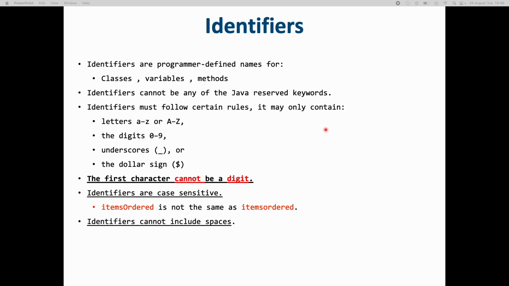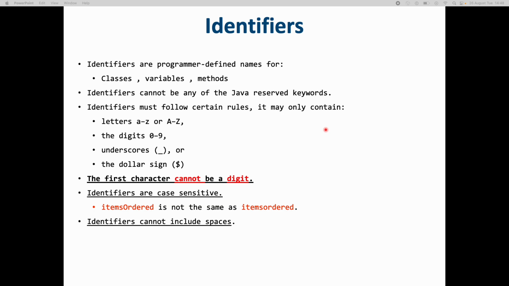To define identifiers, like class names, variable names, and function names, there are some restrictions on the naming. First, it cannot be any reserved word, of course. And you can only use letters, digits, underscores, and the dollar sign. But the first character cannot be a digit. So ABC9 is a valid variable name, but 9ABC is not.